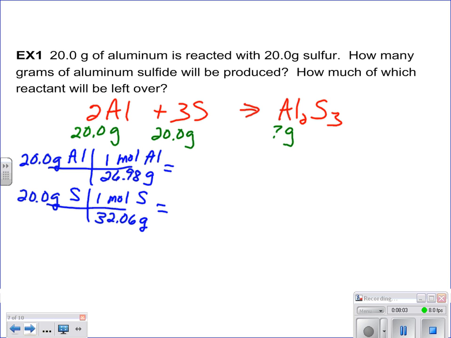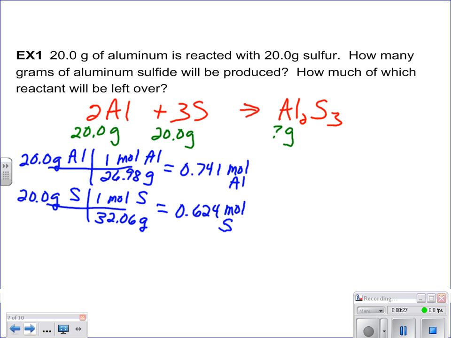So when we do this first one for aluminum, we get 0.741 moles of aluminum. And for the sulfur, we get 0.624 moles of sulfur. We have just done step 2.